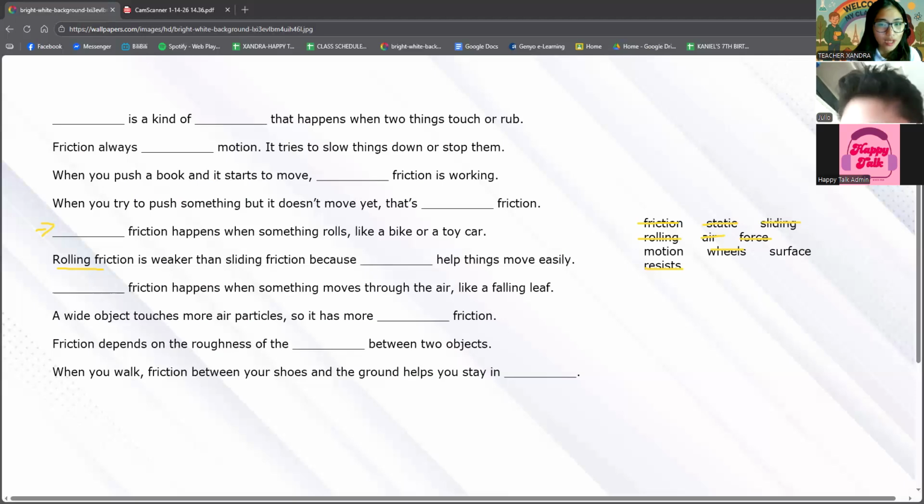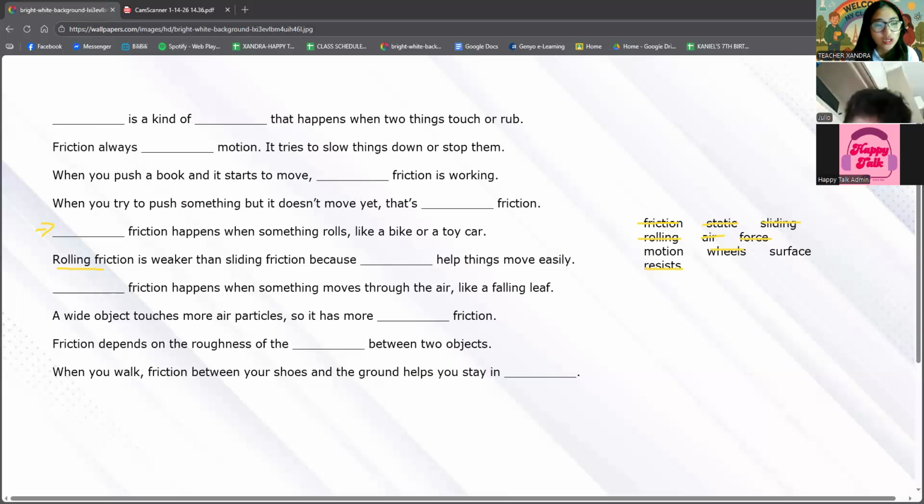Surface friction. Okay, sorry, you can repeat some words. When we talk about air particles, it is automatically air friction.